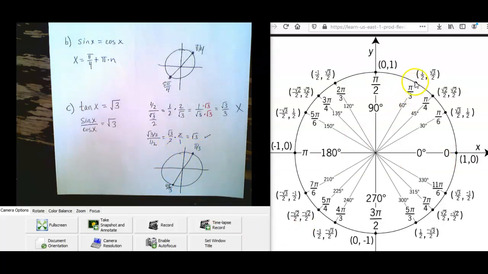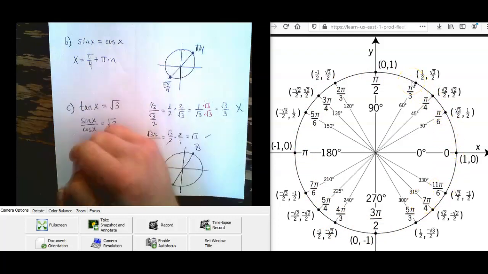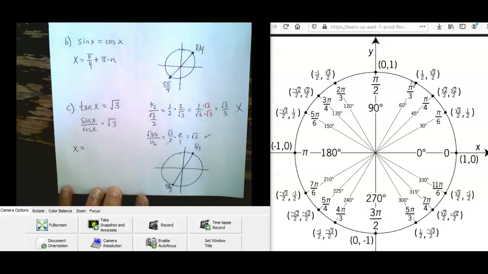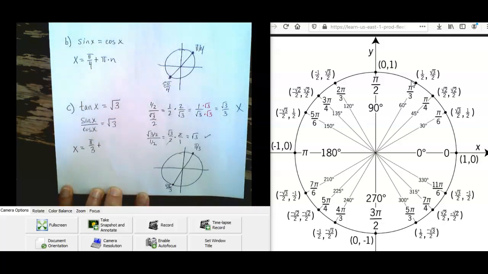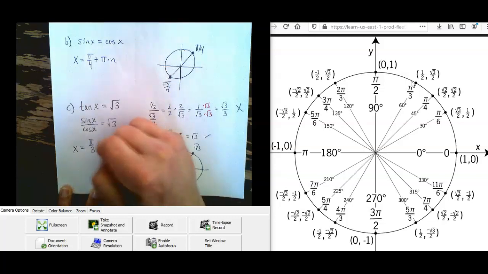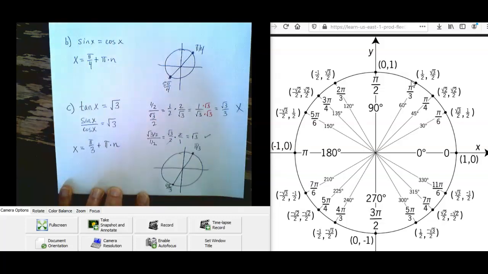If you notice, pi over 3 and 4 pi over 3 are 180 degrees apart. So all we need to do is revolve pi units every time to get back to a solution. So x, our solution, is equal to pi over 3 plus pi times n. And we're assuming n is some integer.